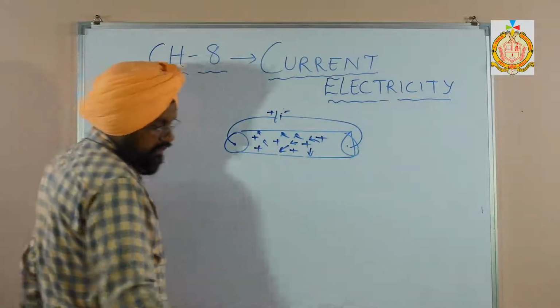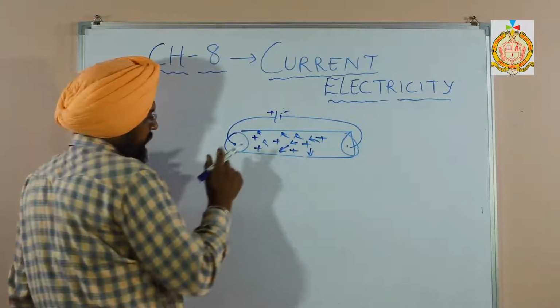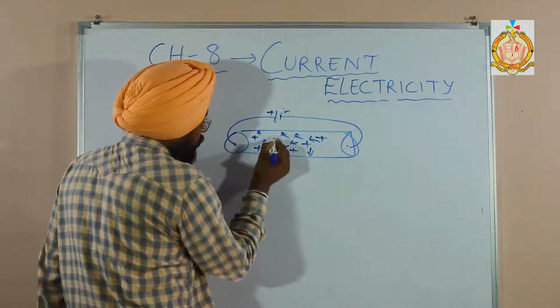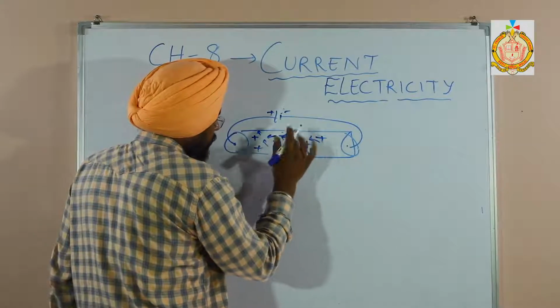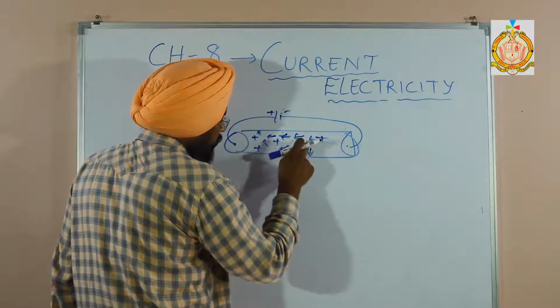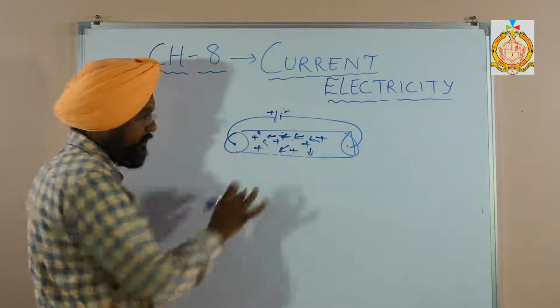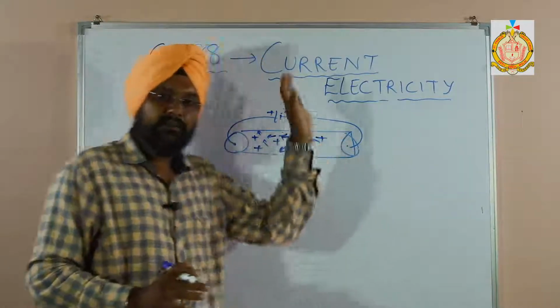When a metal is formed, its atoms lose electrons, so when connected they are supposed to move in a straight line, and they collide with the positive charges, which are fixed. These positive charges are the fixed ones, while the negative charges are the free electrons.